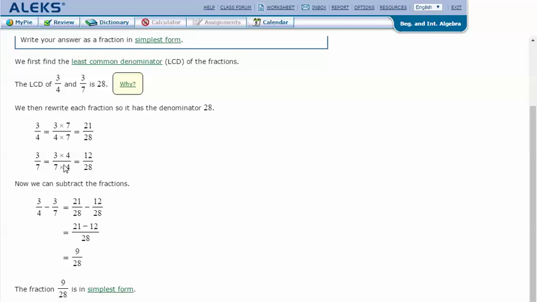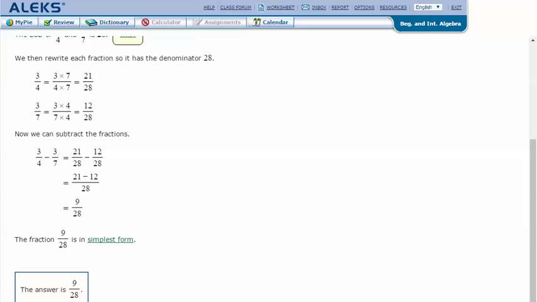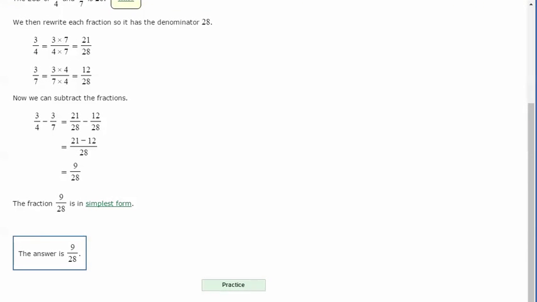Since 7 times 4 is 28, 3 times 4 is 12, makes this 12/28. Now we can subtract. 21 minus 12 is 9. And 9/28 is already in simplest form.